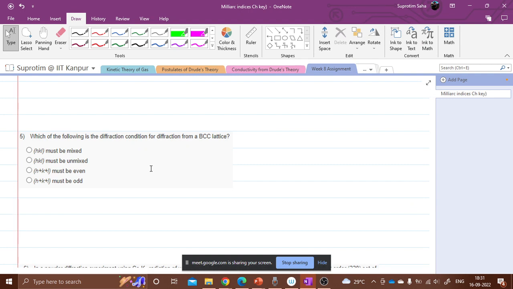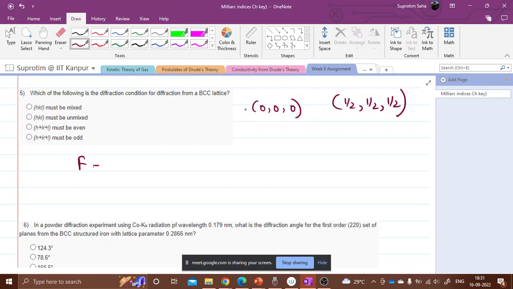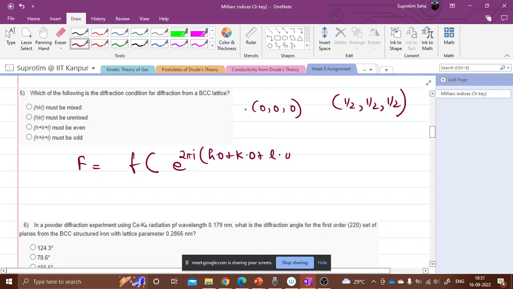As you know, for BCC you have atoms at 0, 0, 0 and half, half, half at the body center. So your structure factor would be f times [1 plus] e raised to 2 pi i times half (h plus k plus l).